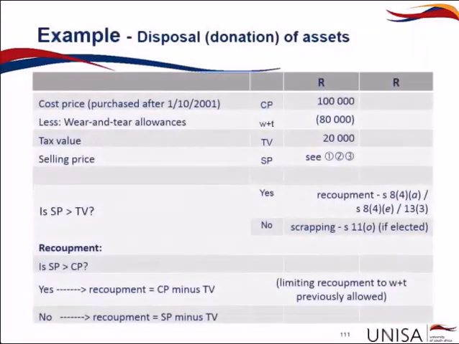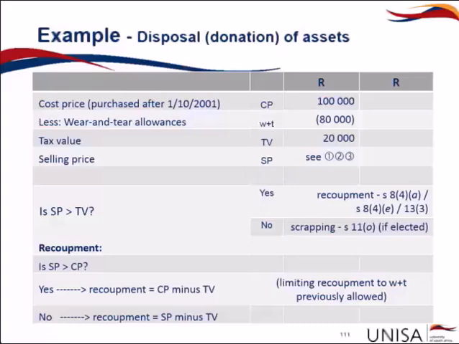If we have a look at an example where we have an asset with the cost of 100,000, we got the wear and tear allowances of 80,000, leaving us with a tax value of 20,000. Depending on the selling prices, which we'll have a look at in the next slide, we will need to go and calculate whether or not we have a recoupment, a scrapping allowance, as well as whether there is a capital gain or loss.